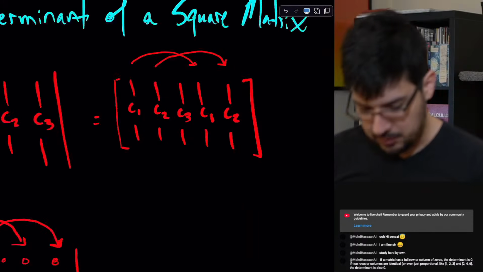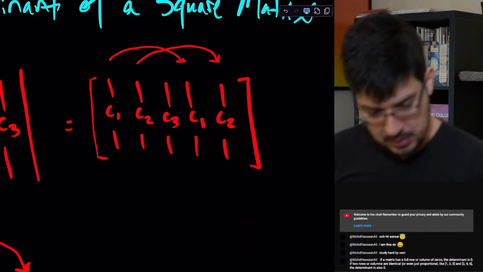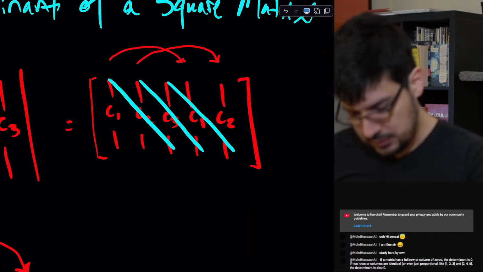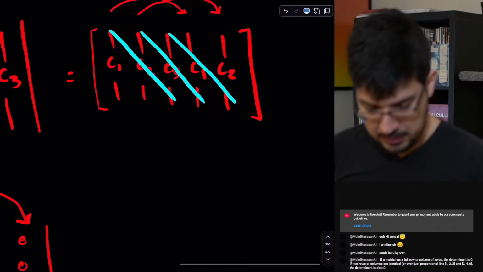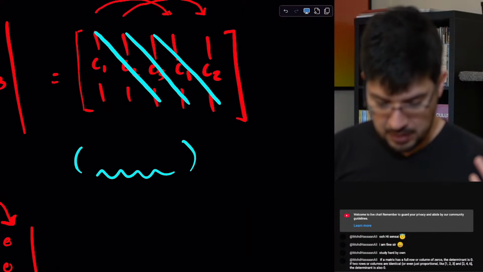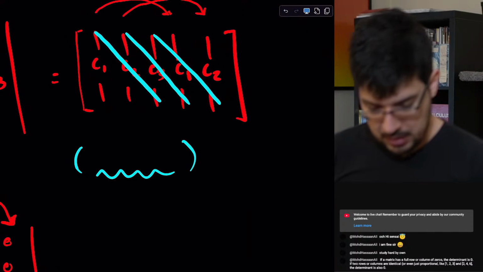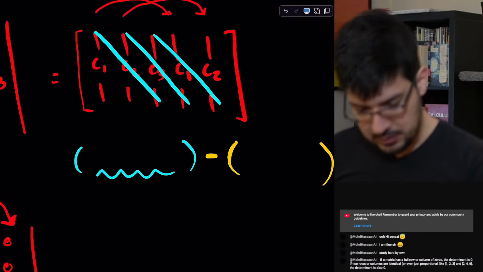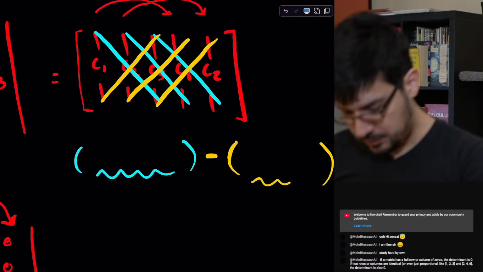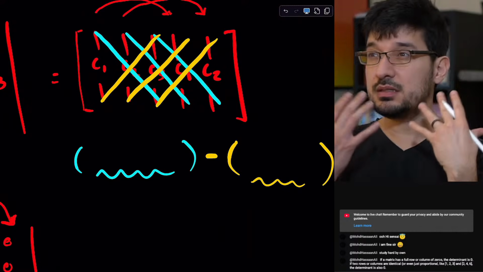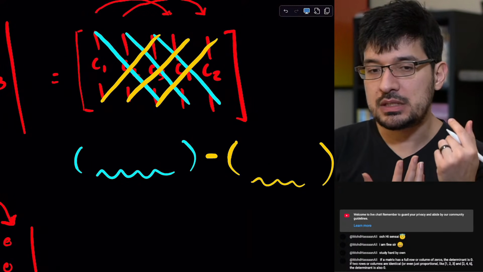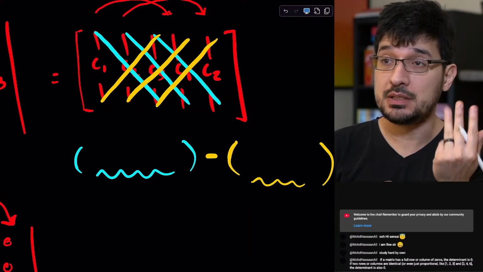And then you multiply across the entries forward, and you get some complicated numbers, and then you subtract the reverse diagonals. So it's a shortcut, a trick that works well for calculating a 3x3 determinant.